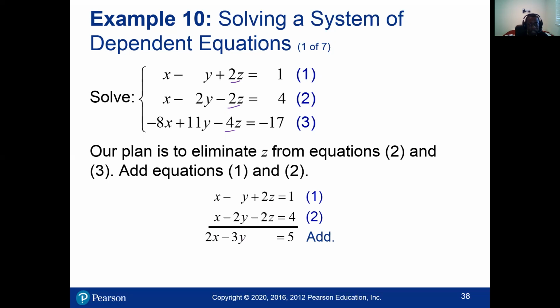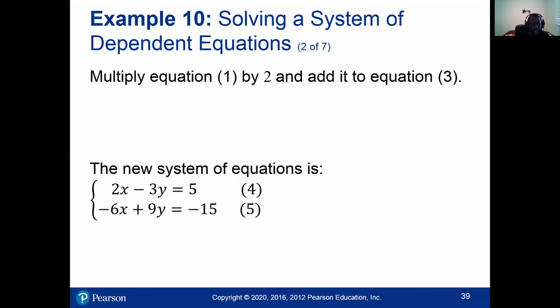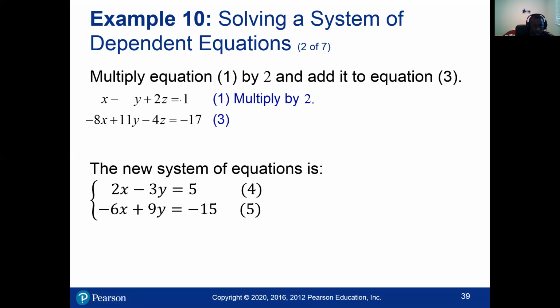And then we compare equation 1 and equation 3. I look at equation 1, I multiply it by positive 2. If I multiply by positive 2, I get 4z, and this has minus z. So when I add it, I get the answer. So let's multiply that by 2.